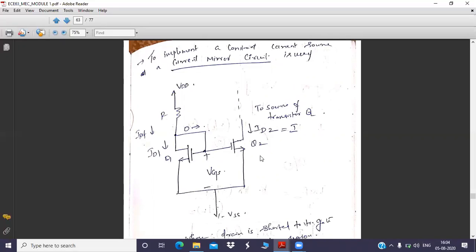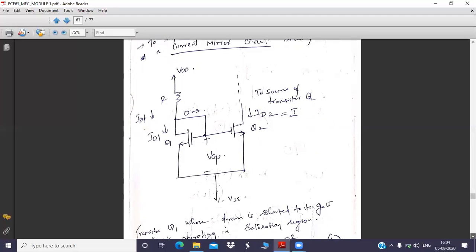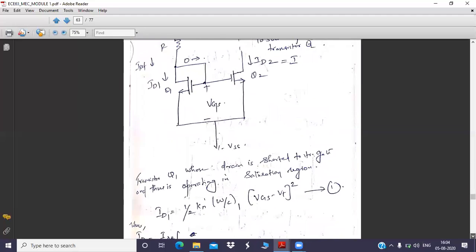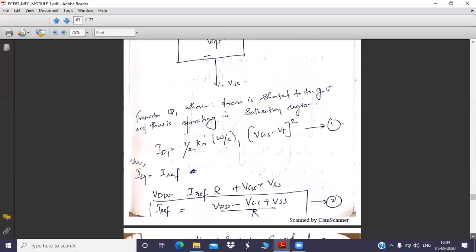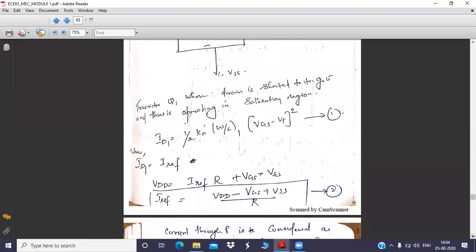But our intention is to make ID2 equal to I. ID2 should be equal to I, and that I should be equal to IREF. So by arranging these two MOSFETs like this, we can claim that this is acting as a mirror circuit, thereby whatever reference current you have fixed, that reference current will appear in the load.